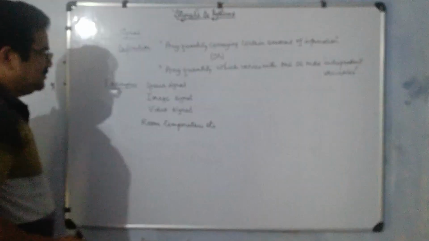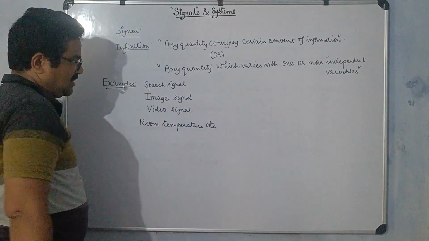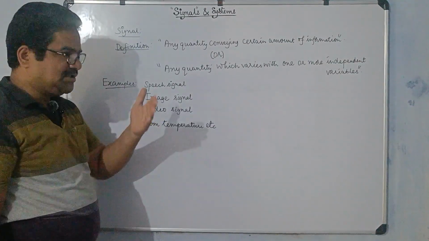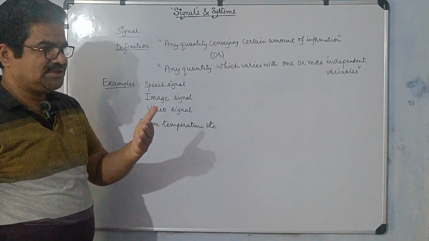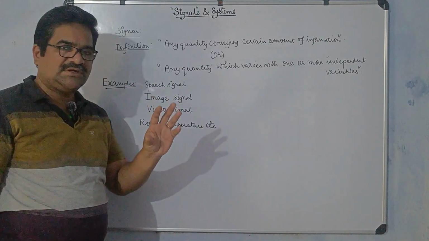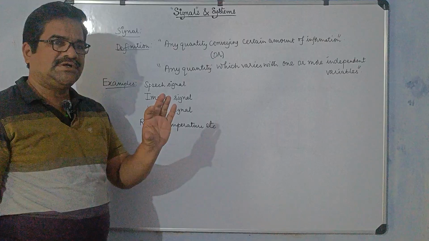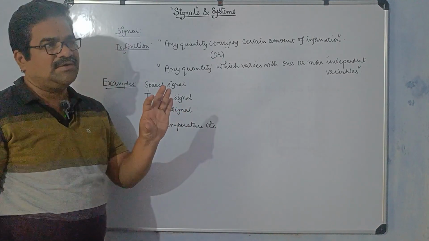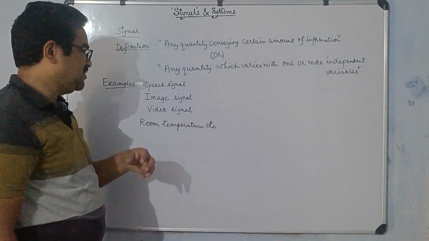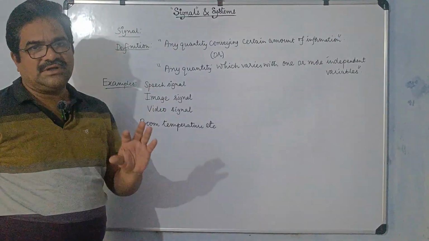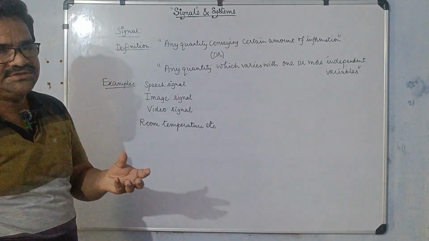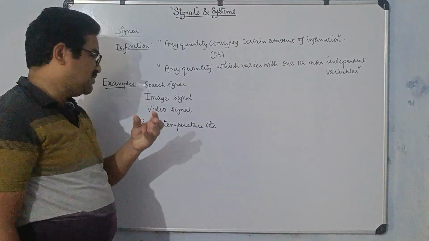Okay. So all these signals have certain information. Speech signal is giving you certain information. Image. When you look at an image, you can identify what is that image, what that image consists of, what are the objects in that image, or what are the persons in that image. Like that, you have certain information. Or video signal, you are watching movies, it is a video signal. That also has certain amount of information.